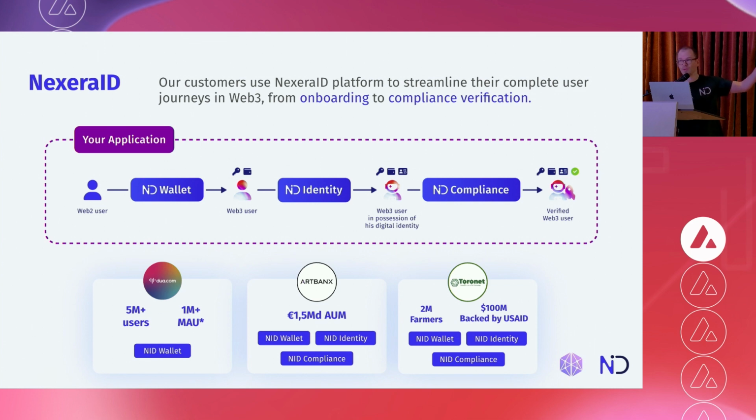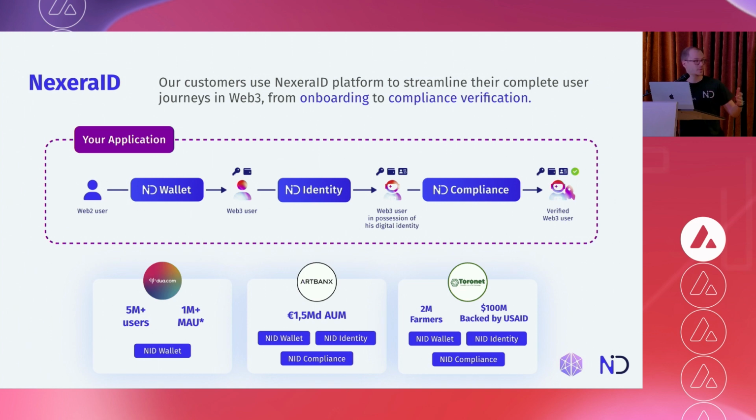So with our SDKs, you can take a user that's a Web2 user. He never interacted with the Web3 world so far. With the wallet SDK, you can set this user up with a private key and a smart wallet. Then with the identity module, the user can build a self-sovereign identity inside of the app and then use it to verify his identity against the rules that the application needs to verify, so that at the end the user interacts with your application in a compliant manner.